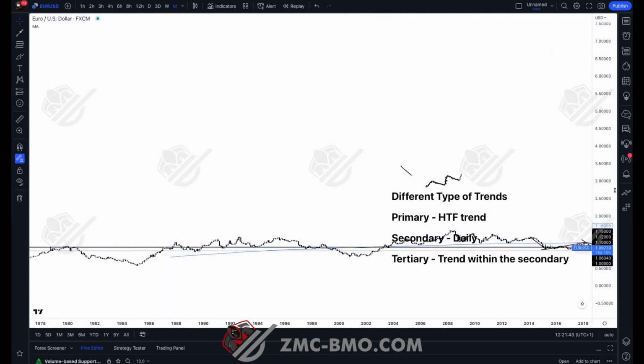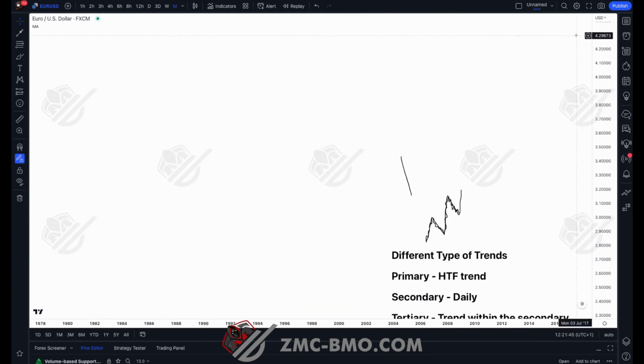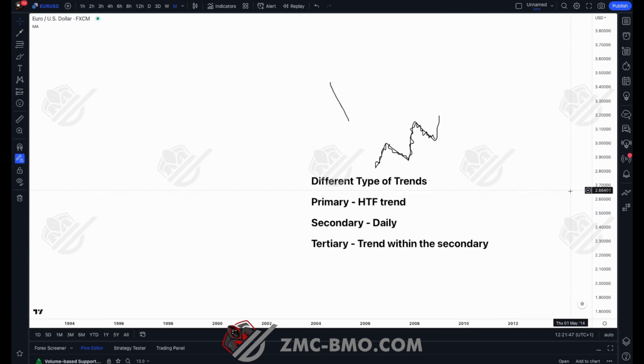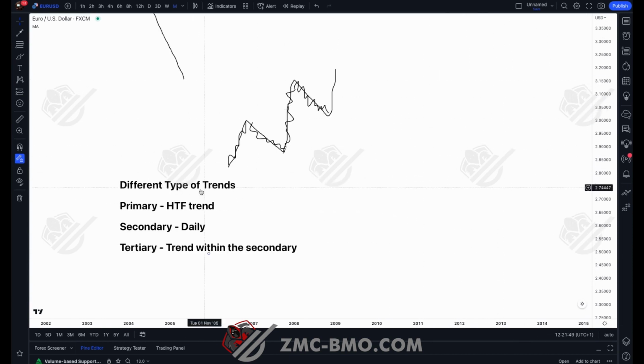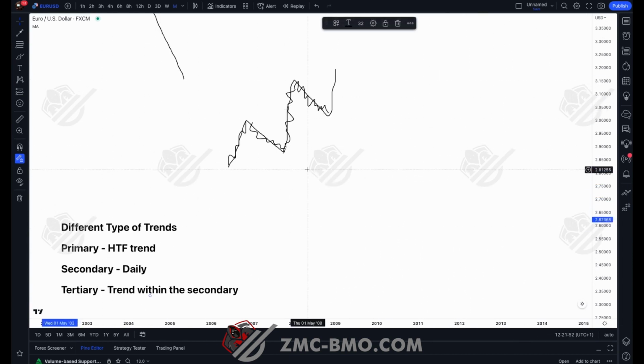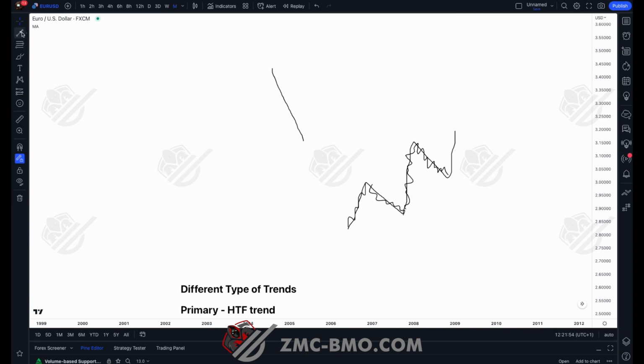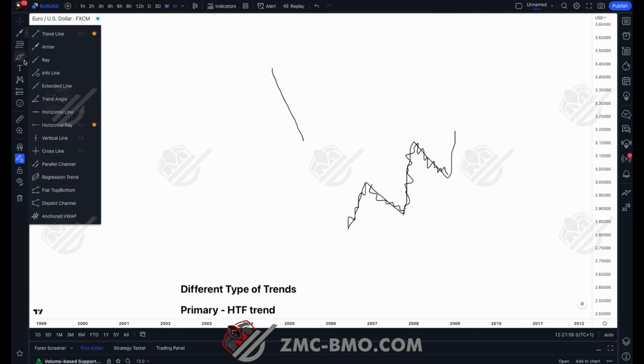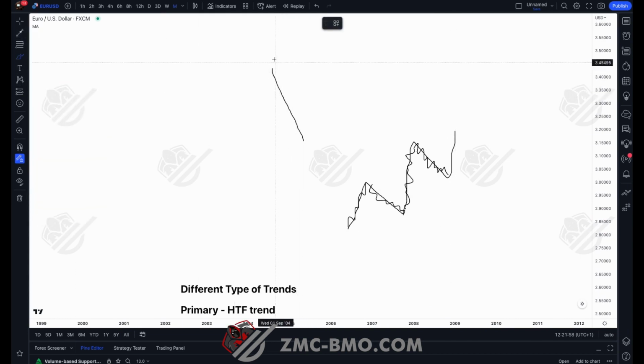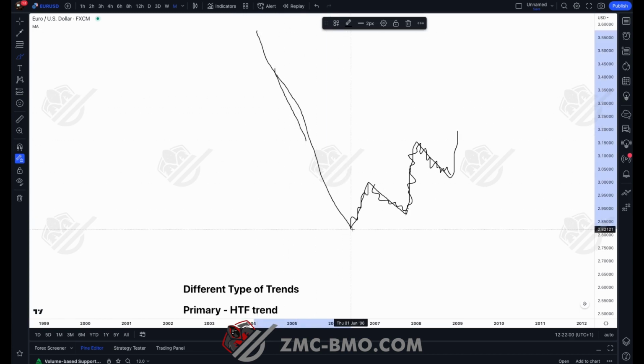Just remember this chart here, which is always important. So of course you can screenshot that if you wish. Using the drawing tool, the primary trend, of course, is all the way down. The secondary trend, so that, and then it eventually pushes down again. The secondary trend is just the sort of pullback within the main primary trend there.